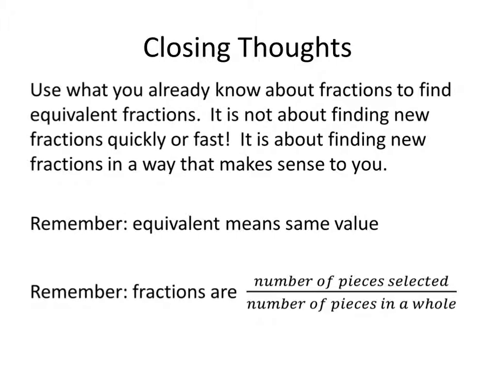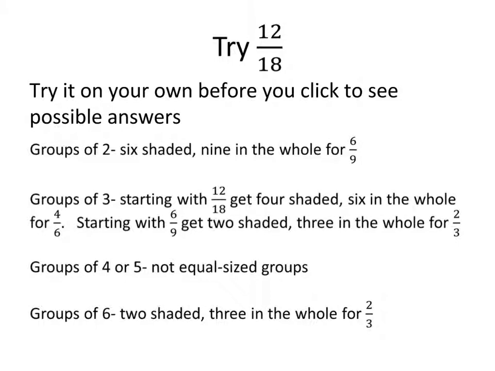So let's go back to our 12/18ths and talk about maybe why this didn't work for those of you who like the division. Right? So groups of 2 worked, but groups of 4 didn't work. So what's the difference? Well, if we go to groups of 2, we can see that 2 goes evenly into 12, right?